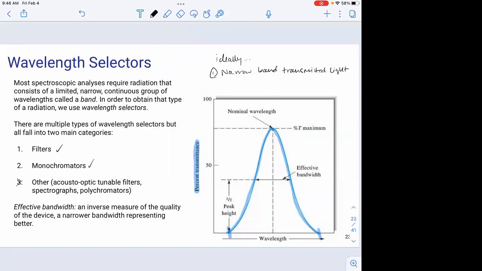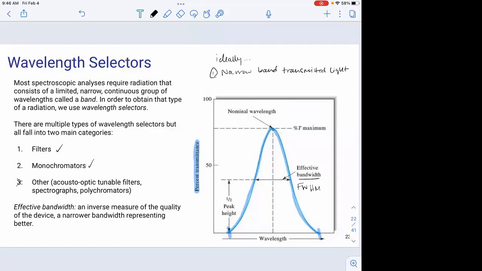The way that we actually quantify the width of a band of transmittance is to look at the effective bandwidth. The effective bandwidth is an inverse measure of the quality of the device. A narrower bandwidth represents a better, more specific wavelength selector. To do that, we look at the full width of the peak of transmittance at half the maximum transmittance.